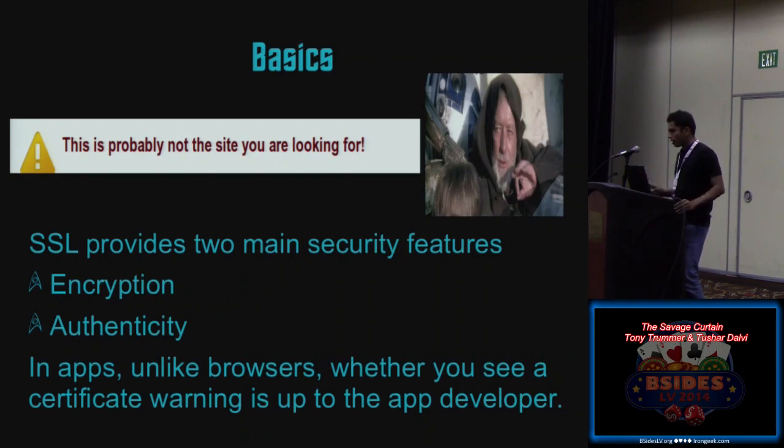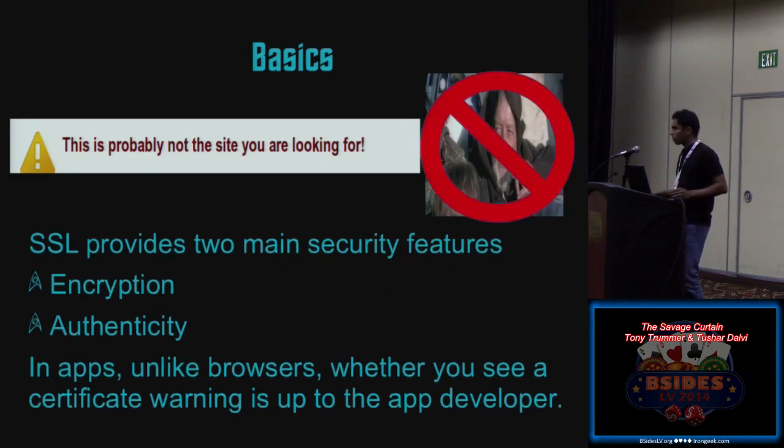So typically in the event of an SSL handshake failure, browsers would show a warning saying, this is probably not the site that you're trying to visit, and so on. You get the gist of it. But in mobile applications, this safeguard is left at the mercy of the developers. And that has some security implications, as we will see.